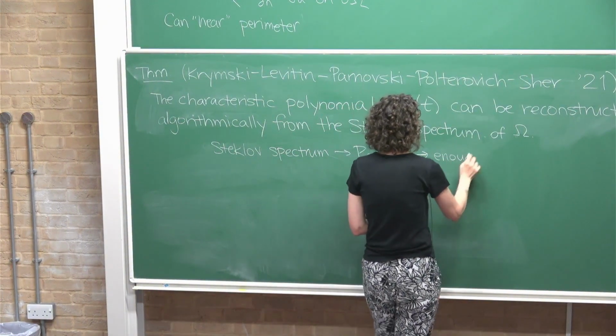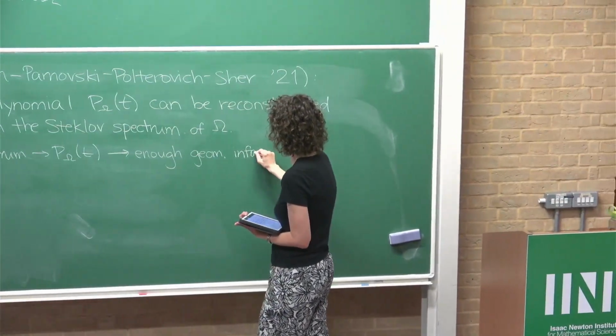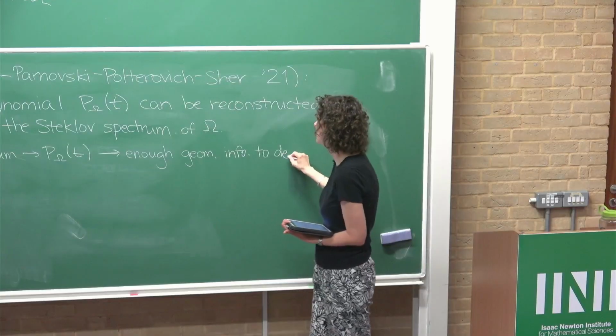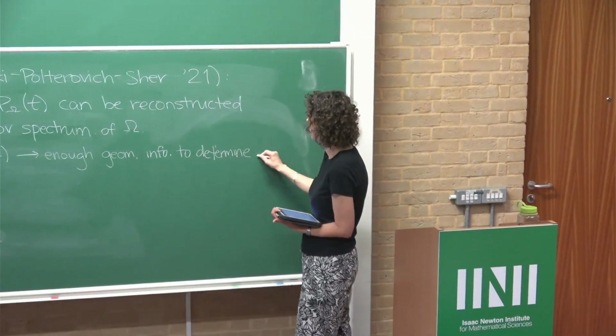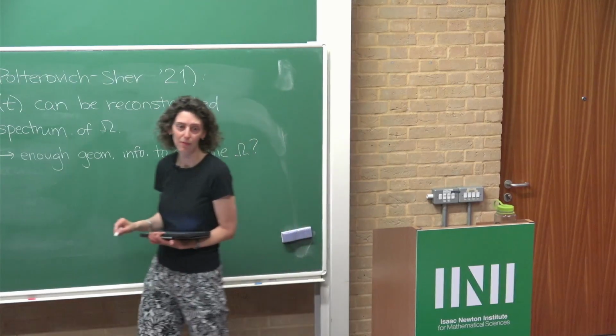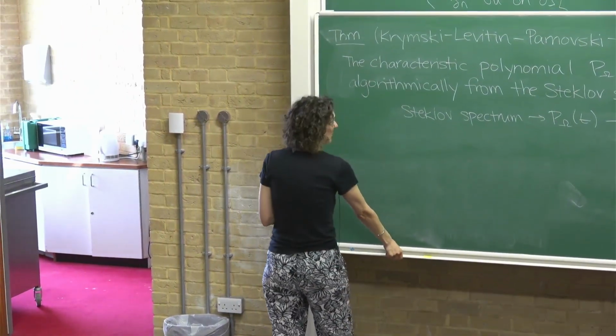And the question is, is there enough geometric information encoded in P omega of t to determine omega?